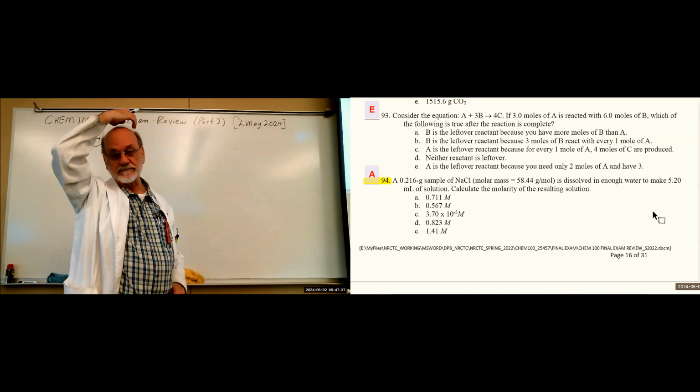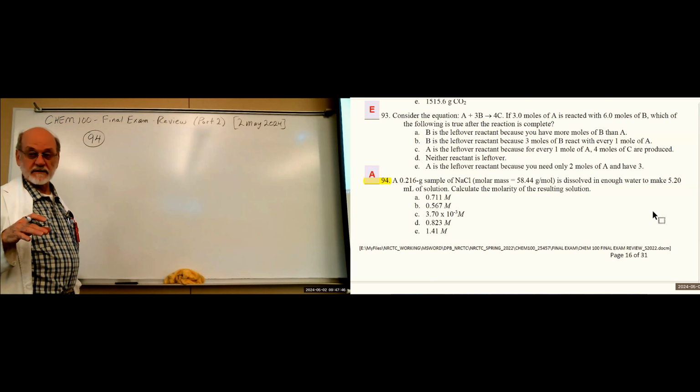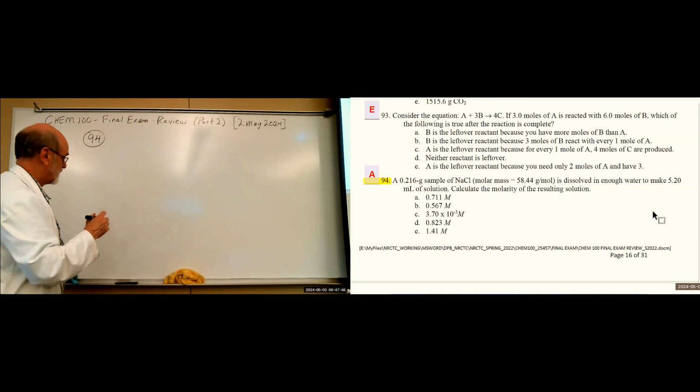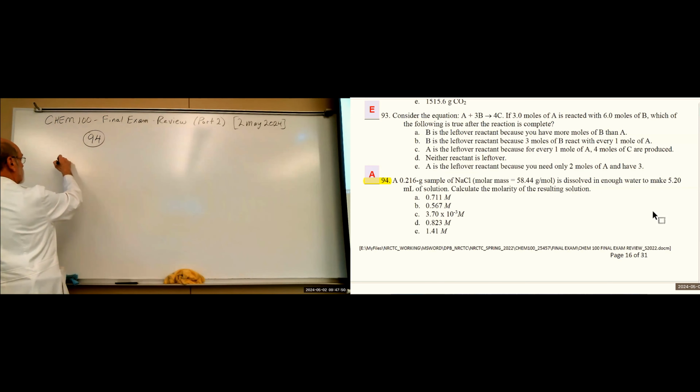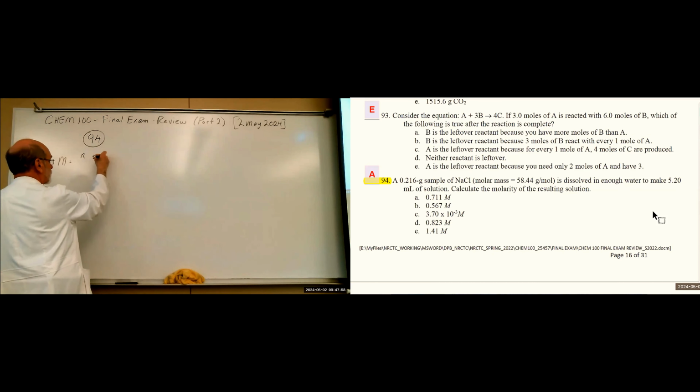Calculate the molarity. All right, let's work backwards. What is molarity? It's an expression of concentration, right? It's an intensive property, and it's a ratio. Molarity is a ratio of number of moles of solute per volume in liters of solution.